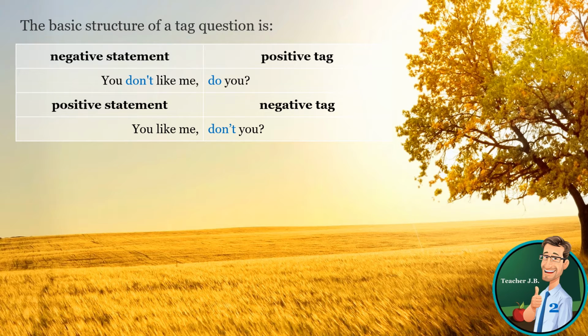Let us take a look at the basic structure of a tag question. If the statement is negative, just like you don't like me, then the tag question will be positive: You don't like me, do you?